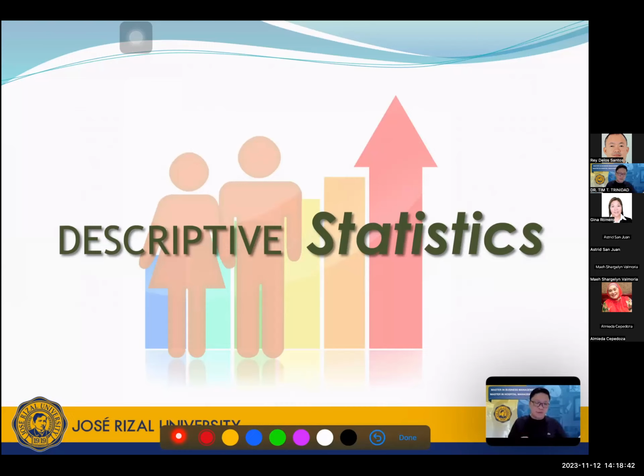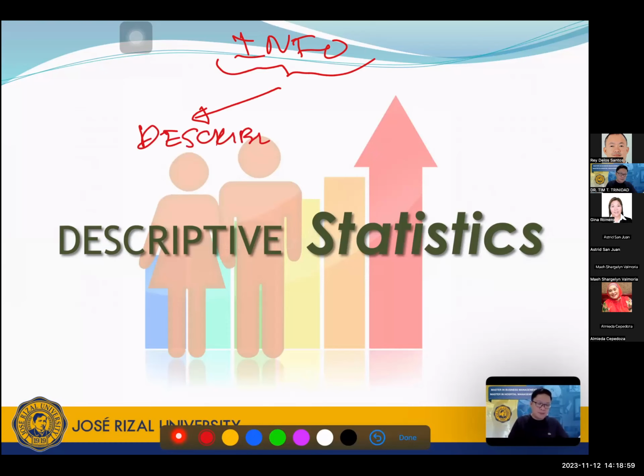Okay na tayo? So again, you have the sets of information. I want you to give me information about this data. So what you're going to do is you can describe by using the different measures of central tendency, measures of dispersion, and frequency plus your graph or a drawing of that information.